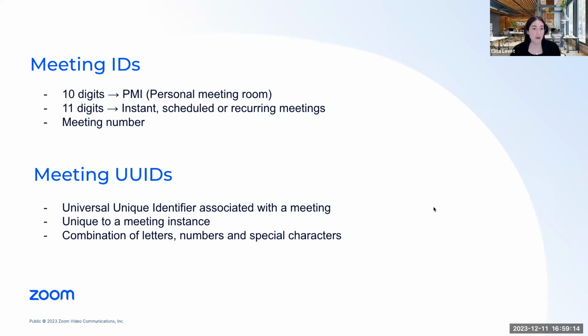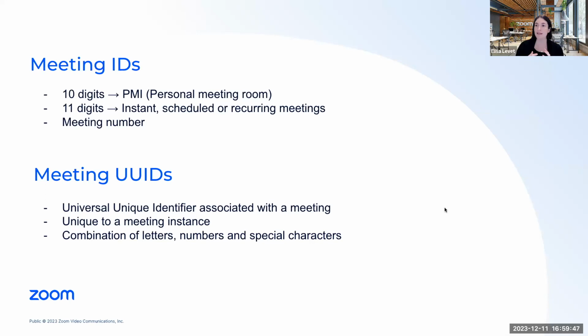The meeting UUID is a universal unique identifier associated with a meeting. These are generated upon meeting creation. One of the main differences between a meeting ID and a meeting UUID is that the meeting UUID contains a combination of letters, numbers, and special characters, whereas the meeting ID consists of numbers only.